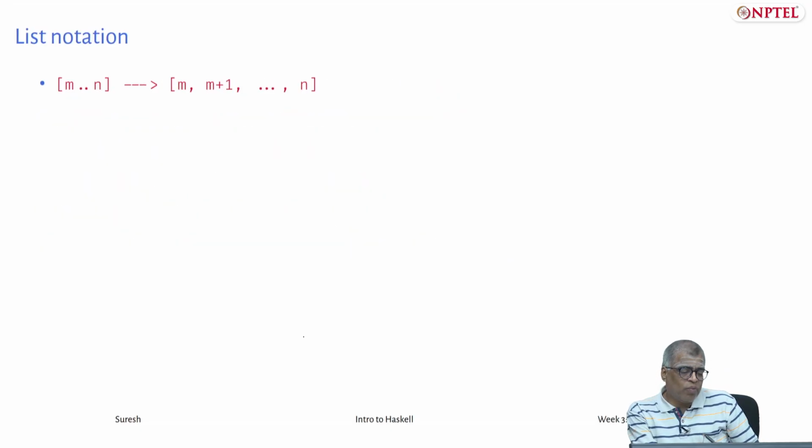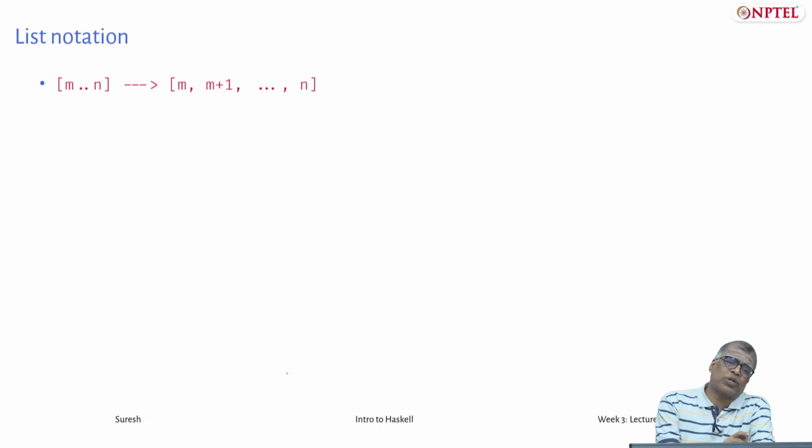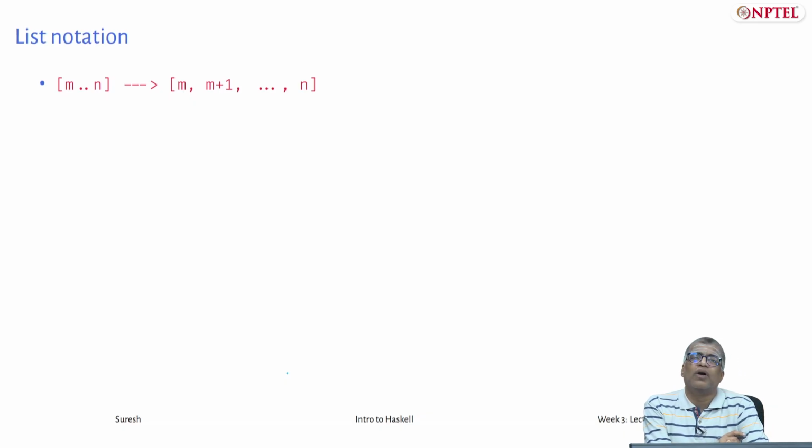Okay, so now we get to one of the most important notations with lists, because for writing examples and so on, this is what you will mostly use. You cannot write lists like 1, 2, 3, 4, 5, 6, 7, 8, 9, 10 all the way till 100 when you try to run a command in GHCi.